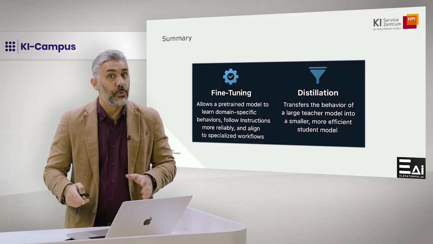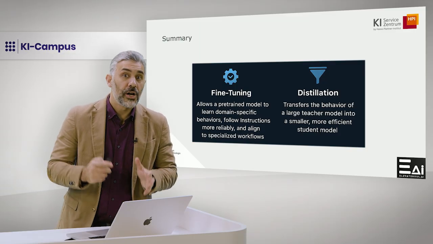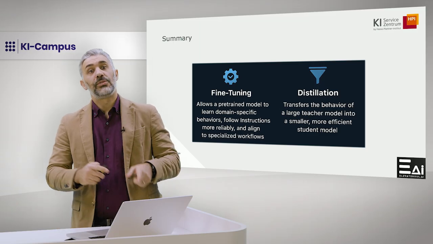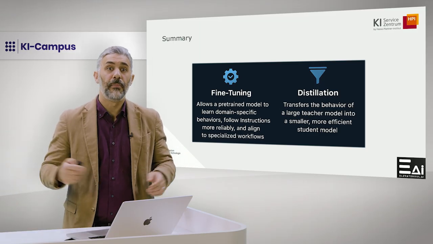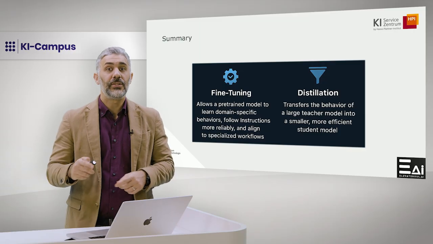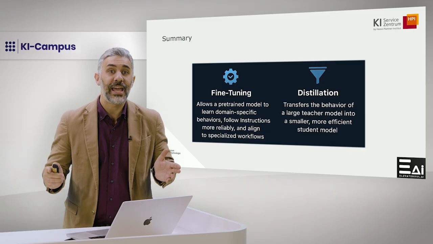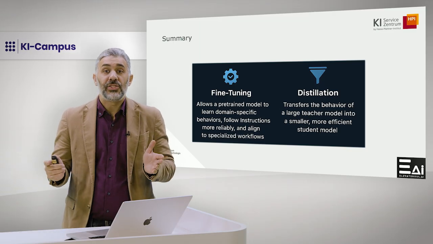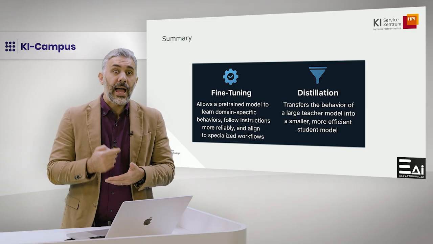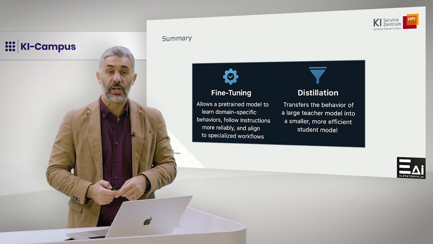We also explored distillation, a method for transferring the behavior of a large teacher model into a smaller, more efficient student model, enabling faster, cheaper, and more local deployments. Together, these techniques expand the toolbox for shaping how an LLM behaves, making it possible to build agentic systems that are more accurate, more efficient, and better aligned with the tasks they are designed to perform.